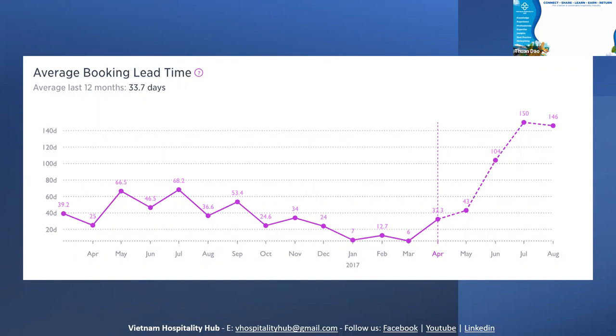But this year we did some promotion, so people are comfortable and encouraged to make the booking, and that's why the booking comes very early. That kind of thing tells you that you need to find out why.